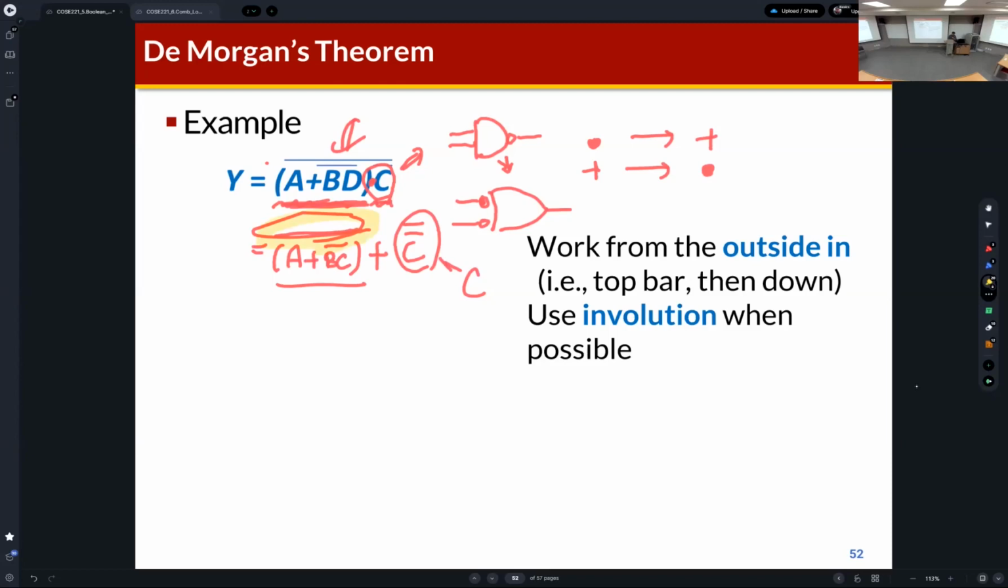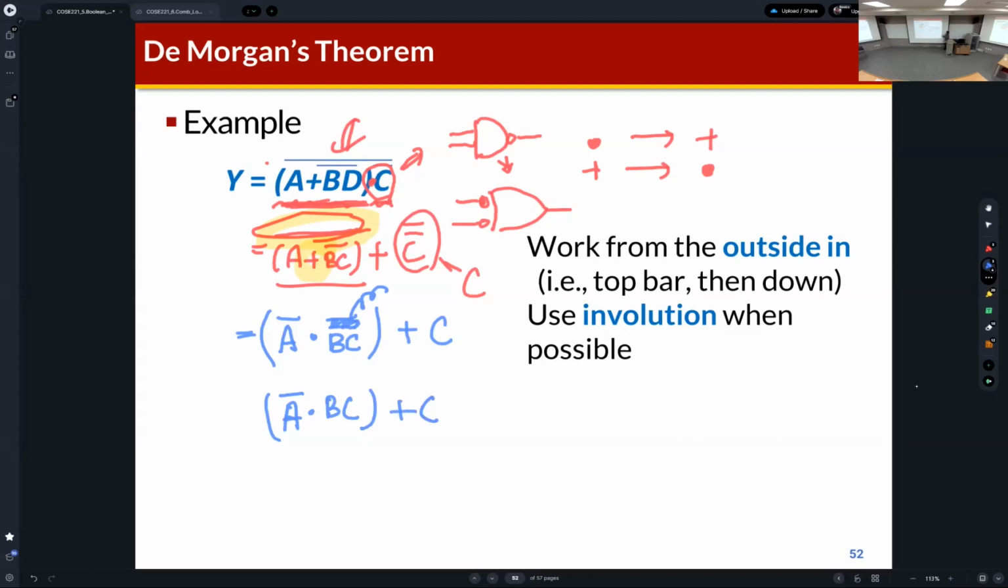Also, this is the OR gate. How can we rewrite this one? It's A bar and D plus C, right? Also, this removes the double inversion. So this is A bar and C plus C.